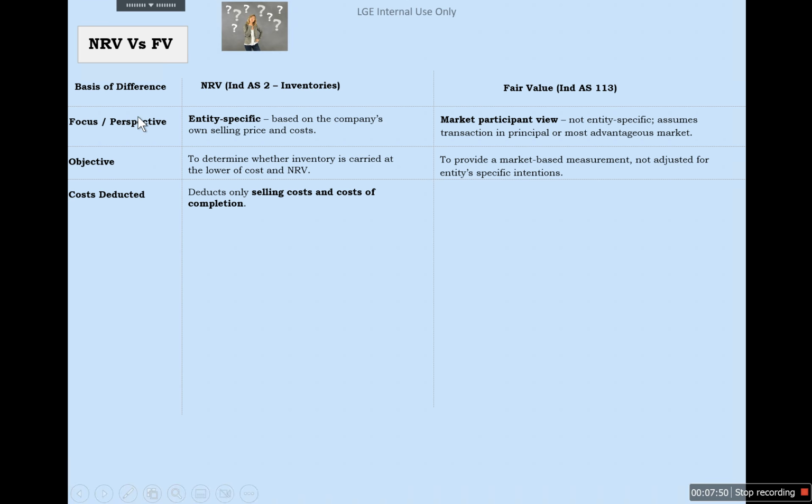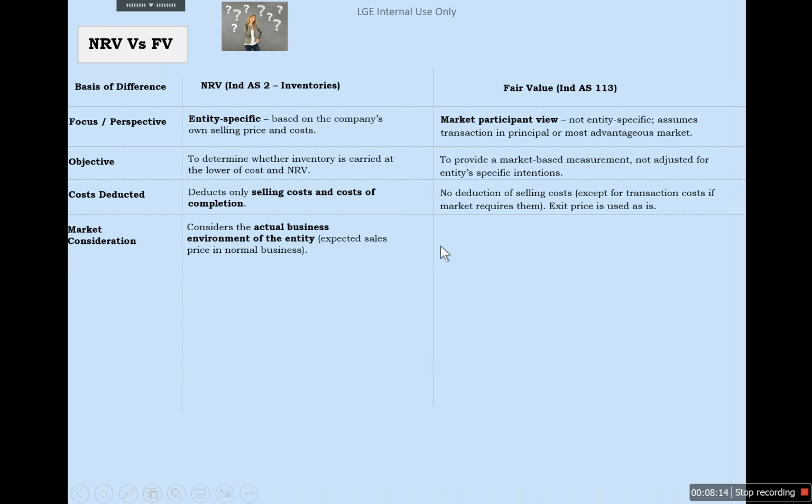For calculating NRV, we deduct selling cost and cost of completion, while for calculating fair value, we don't deduct any selling cost, and we consider transaction cost only if it is required.